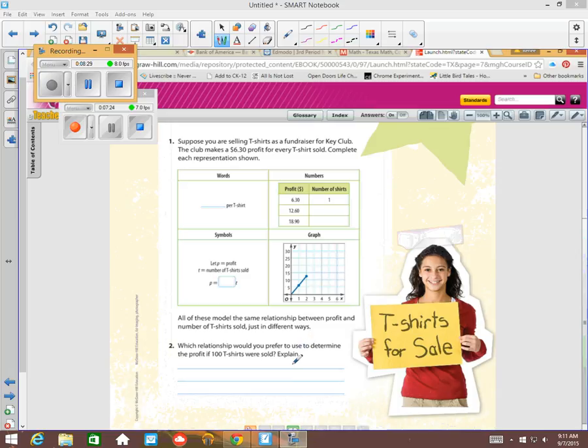So basically, if you have 100 t-shirts and they're still $6.30 profit for every t-shirt sold, then you have to think about what equation would be the answer for number two. I'm not going to tell you the answer. I'll see if you can figure that one out. And I'm going to let you figure out this one too.